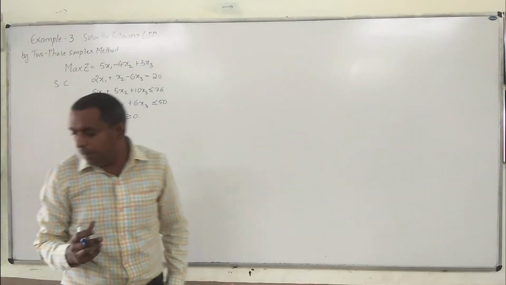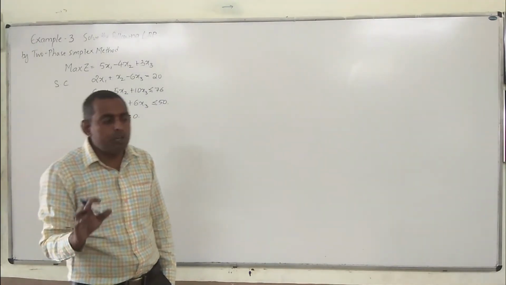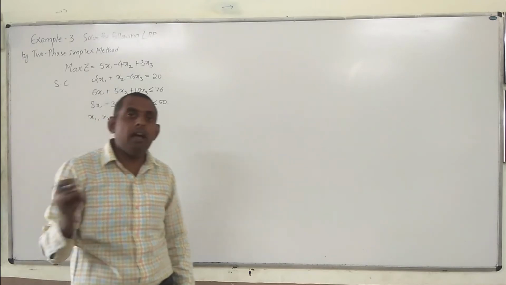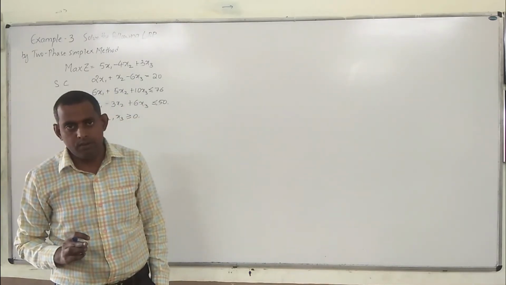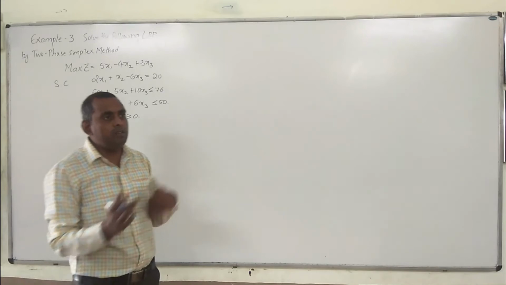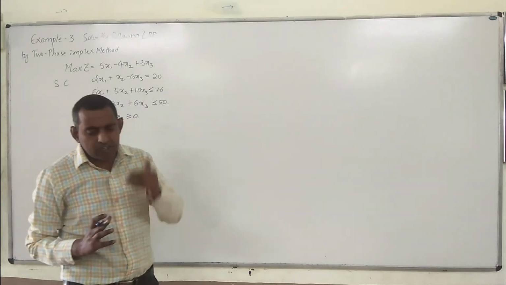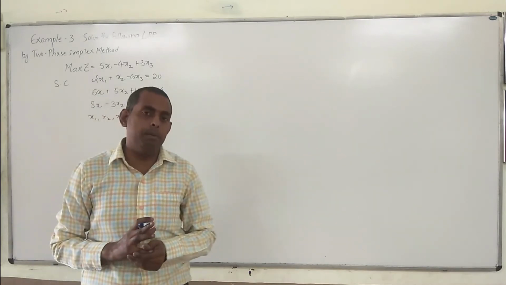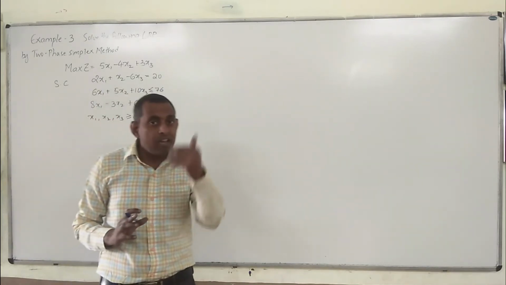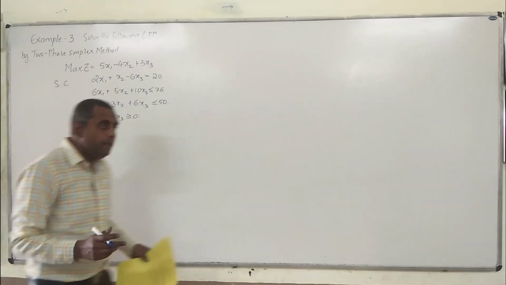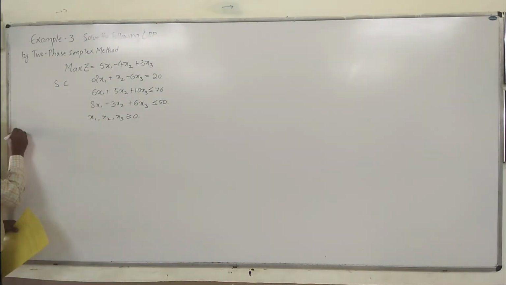To do so, we introduce slack or surplus variables and artificial variables. When solving by the two-phase simplex method, our first task is to construct the auxiliary LPP.